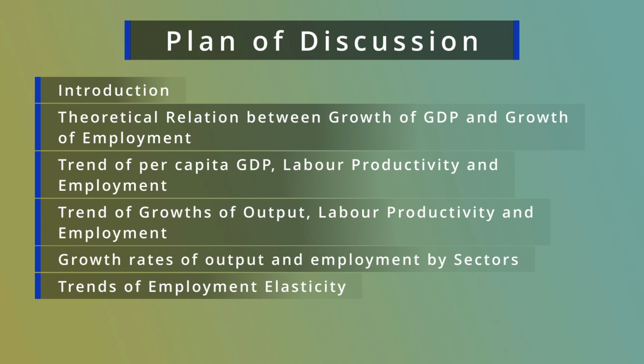Section 6 deals with the employment elasticity of output, which is helpful to understand the nature of growth of the Indian economy. And finally, section 7 makes some concluding observations.